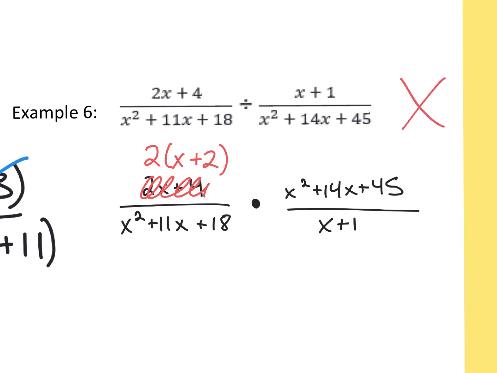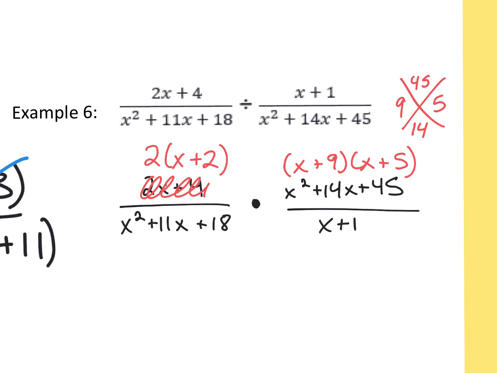X method. What goes on top? Bottom. 2 things that multiply to 45 add to 14. Think hard. 9 and 5. Good. So my factors become x plus 9, x plus 5. Perfect.